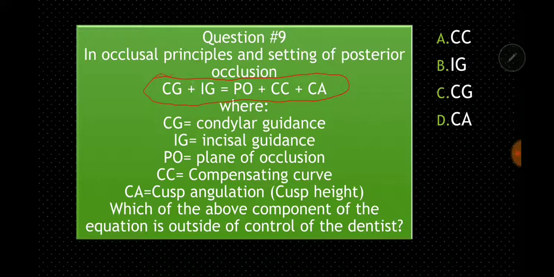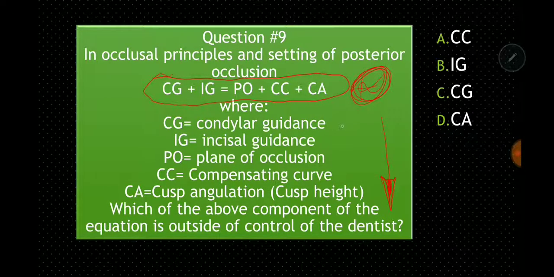Okay, CG stands for condylar guidance. IG stands for incisor guidance. So CG plus IG equals the PO, which is plane of occlusion, plus compensating curve, plus cusp angulation. Okay. So which of these 5 components of ideal occlusion is not able to be changed by a dentist? Okay, so which one can you not change?